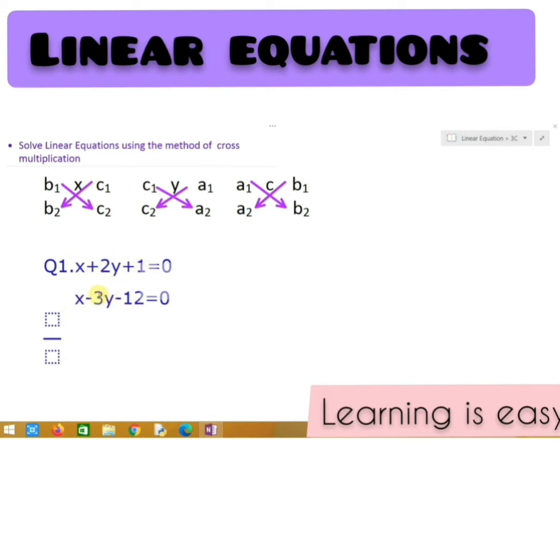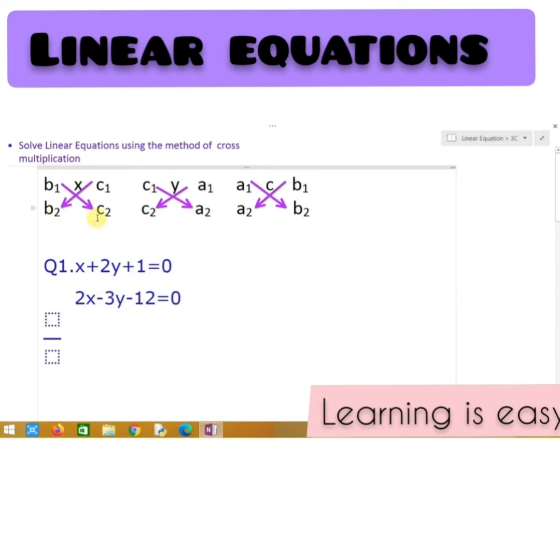So for x, we need to multiply the coefficient of y to the constant of the other one.